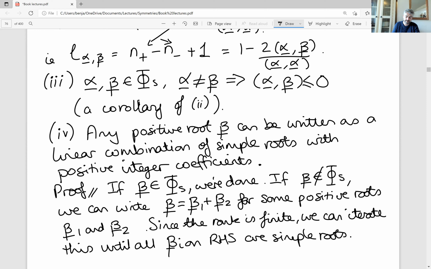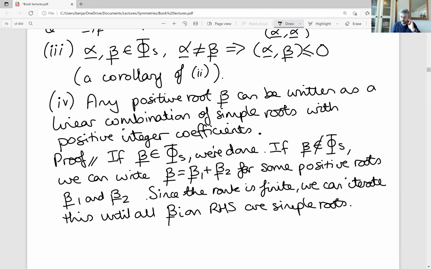So in other words, we use the same argument for beta 1. We can split that up into two other roots, unless it's a simple root, in which case we stop. We just carry on doing that for each term.